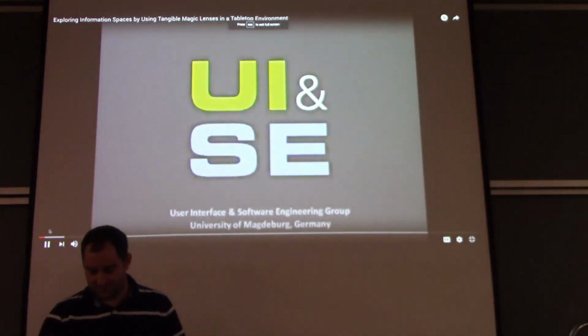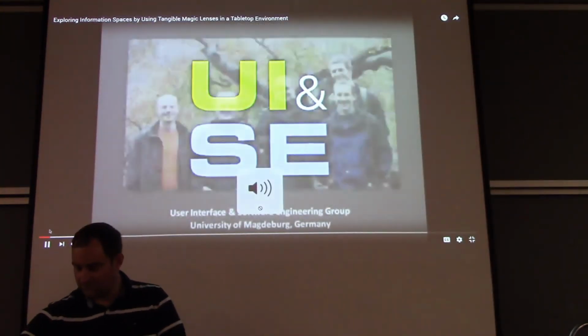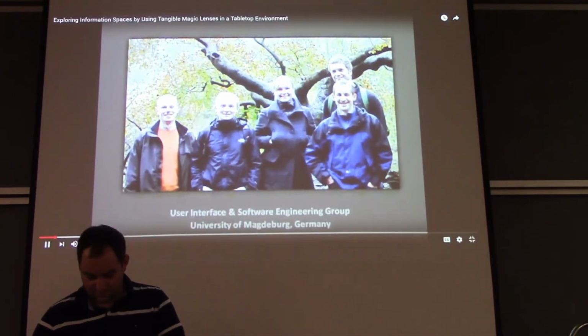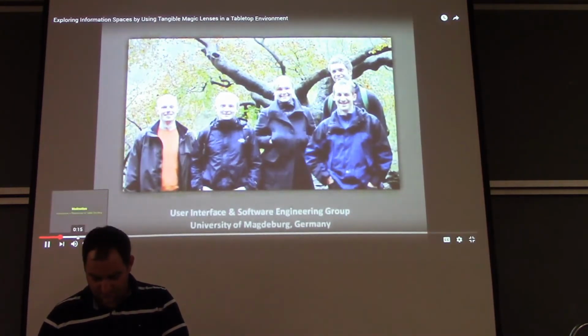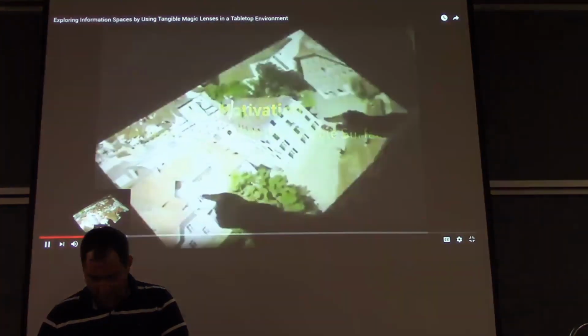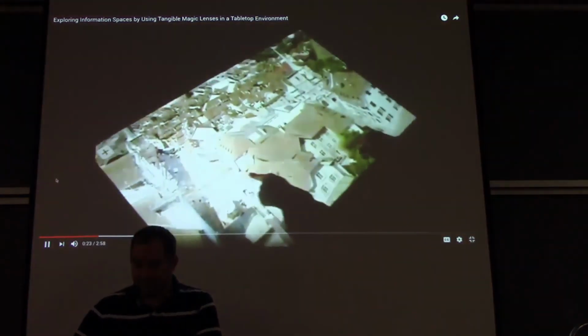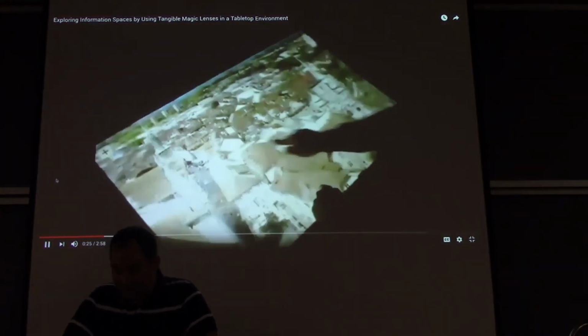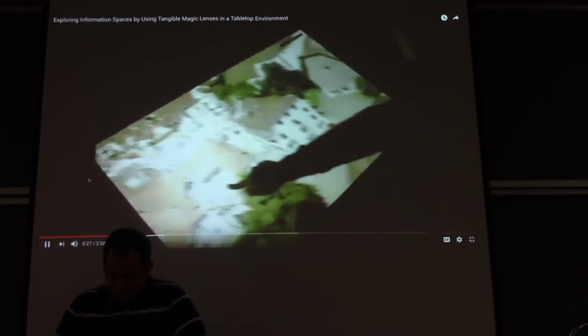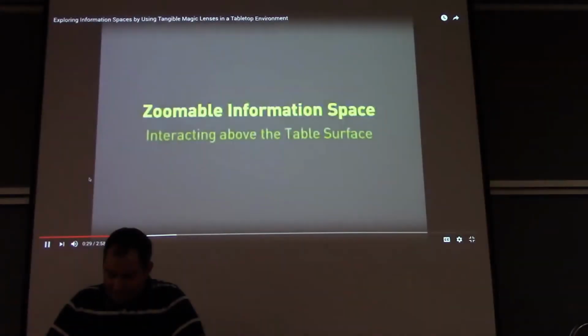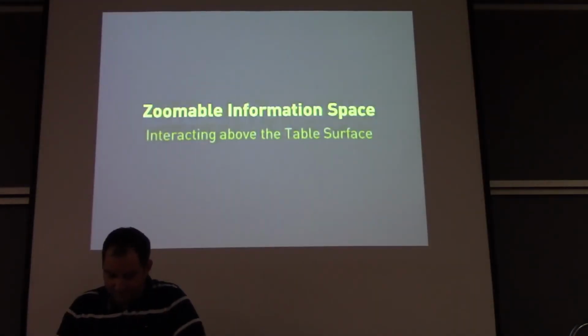In this video, the User Interface and Software Engineering Group at the University of Magdeburg, Germany is demonstrating a set of novel navigation techniques. In this example, users can zoom and pan through large pictures by performing multi-touch gestures on a table surface. In the following, we show how this task can be accomplished in a more natural way.